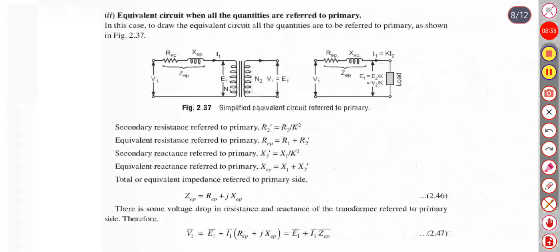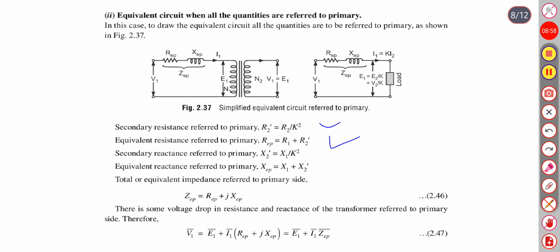Now, equivalent circuit when all quantities are referred to the primary. So R2 dash will become R2 upon K square, and R equivalent will be R1 plus R2 dash.